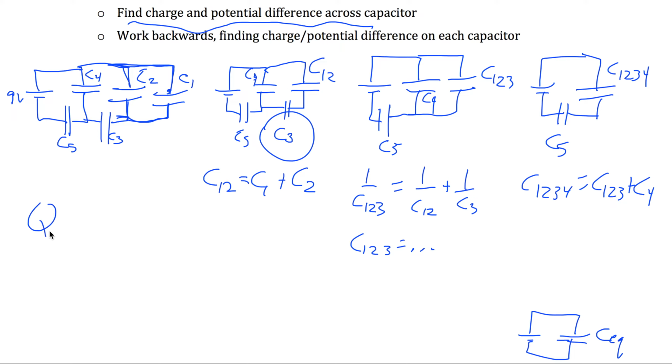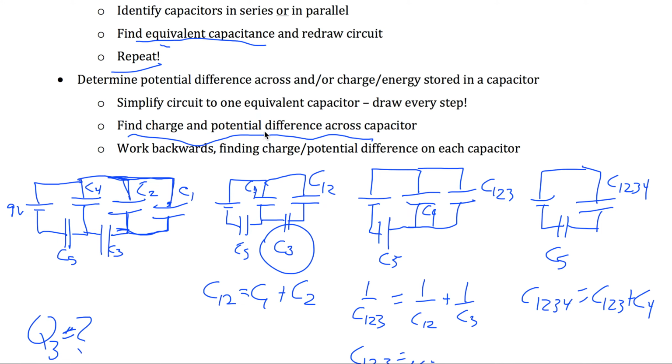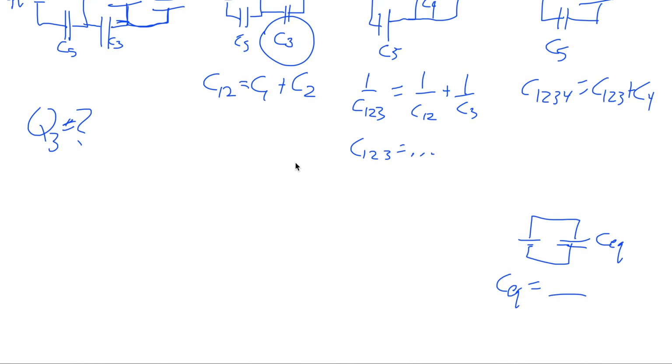You must go through the whole process of simplifying and having that one C equivalent value that you solve for here. And then you need to find the charge and potential difference across each capacitor.